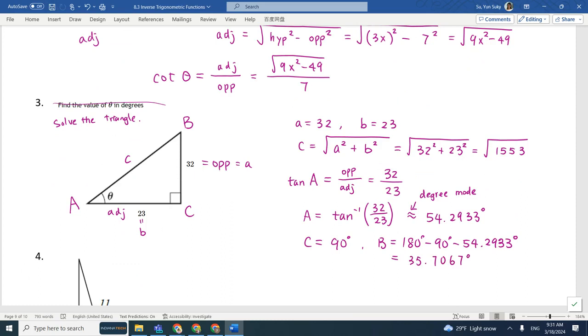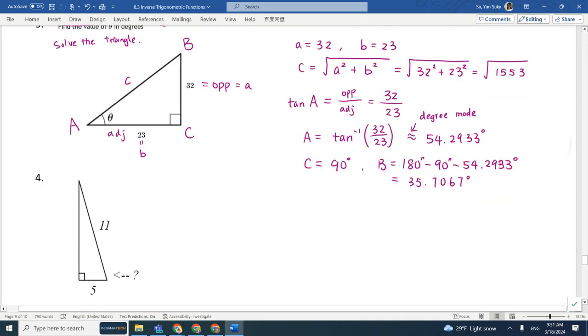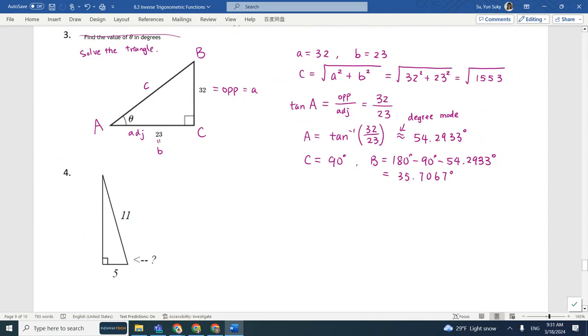We solve the triangle. We find all the sides and all the angles. Any questions up to now? All good? Okay, now it's your turn. Find all the angles and all the sides. Let's label them. Let's call this C, and this B, and this A. Okay, your turn.